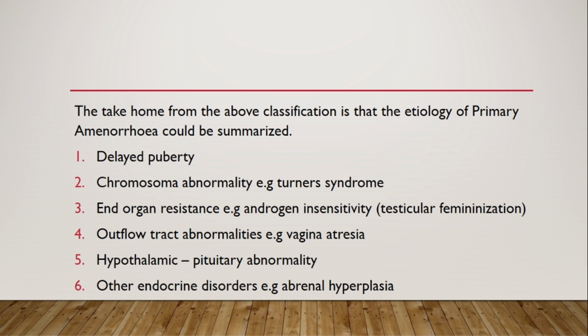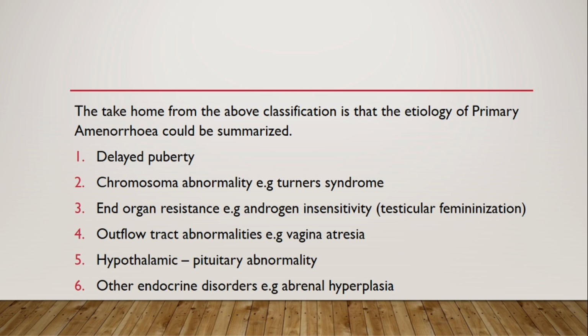Yes, the take-home from the above classification that we have just explained is that the etiology of primary amenorrhea could be summarized as follows. One, delayed puberty. Two, chromosomal abnormality, for instance, Turner syndrome. Three, end organ resistance, for example, androgen insensitivity typified by testicular feminization syndrome.